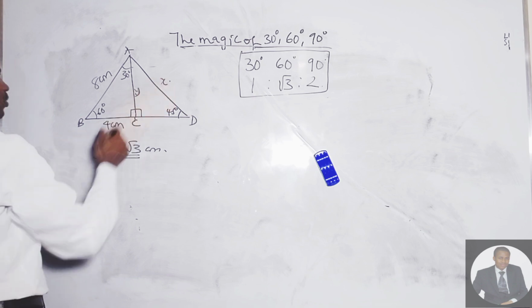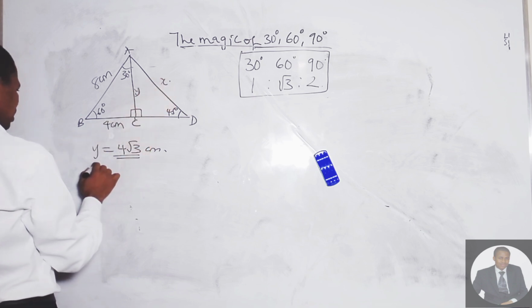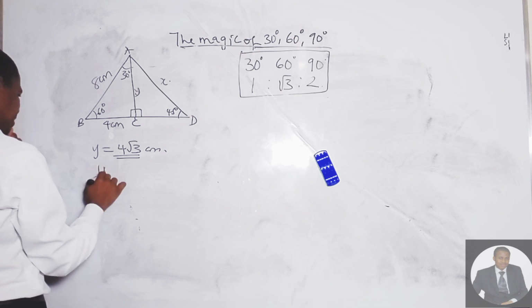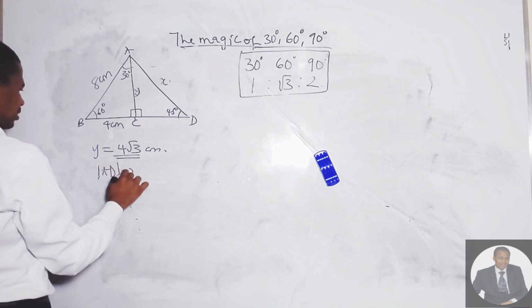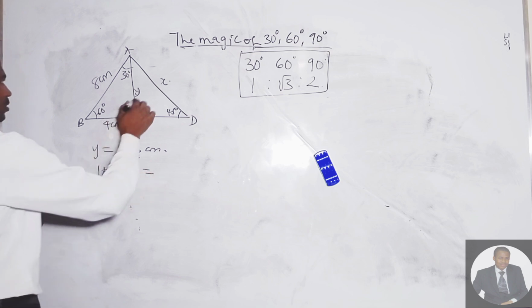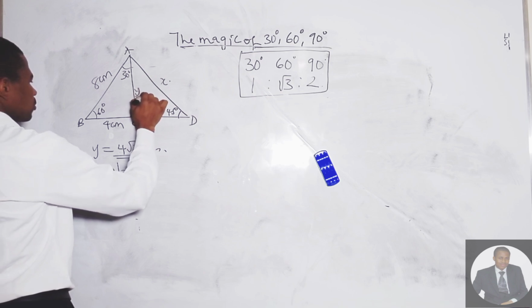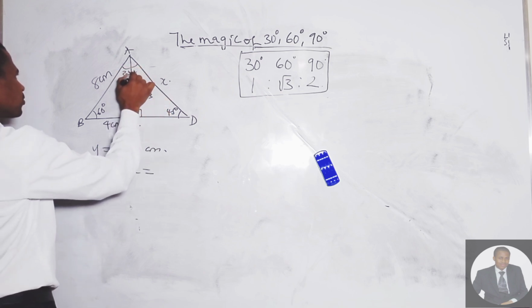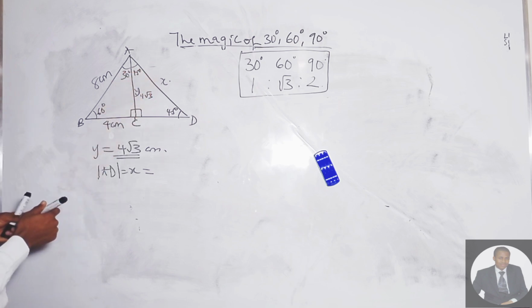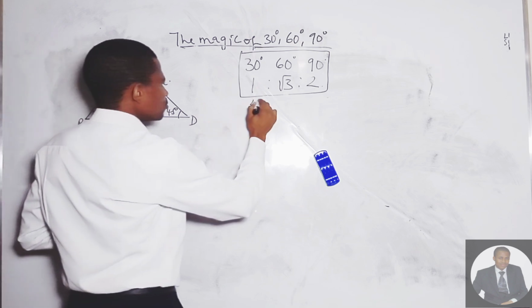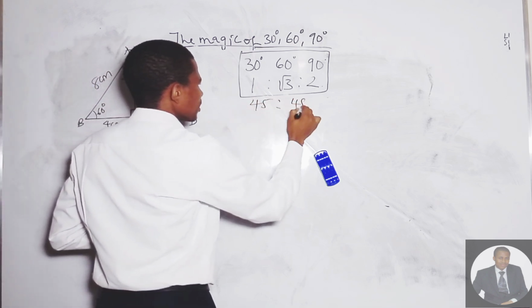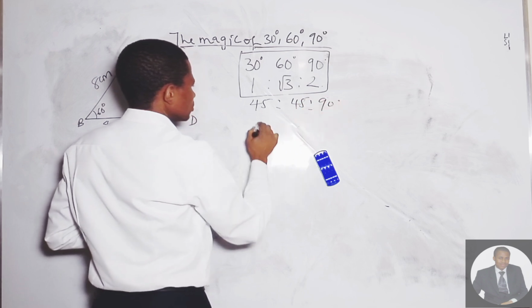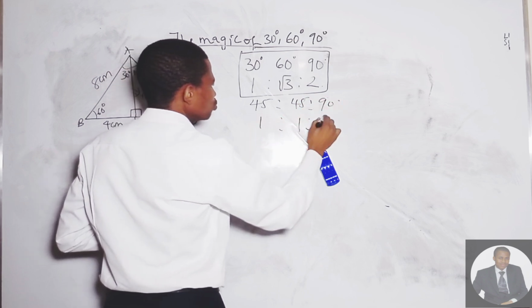Now how do we get our line AD, which is x? Let's write this here, 4 root 3. This is 45 degrees, it means this is also 45 degrees. In our 45, 45, 90 triangle, we have 1:1:root 2.